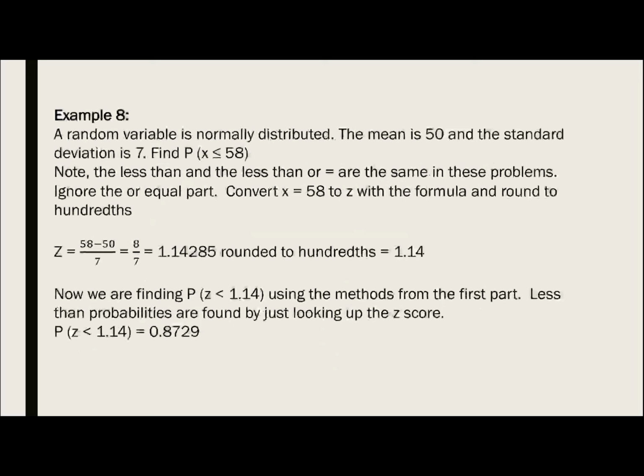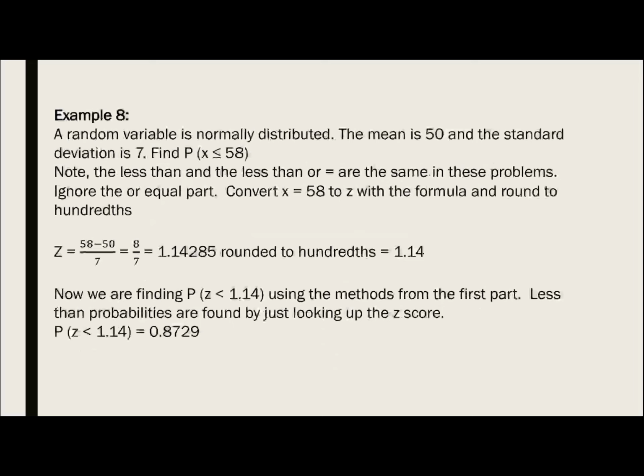So first convert x equals 58 to z with the formula and round to hundredths. So 58 minus the mean of 50, divide by the standard deviation of 7. 1.14 rounded to hundredths, because the 4 has a 2 beside it, so it stays.